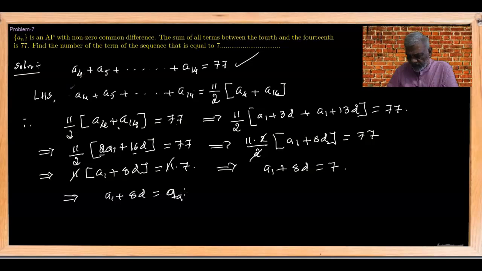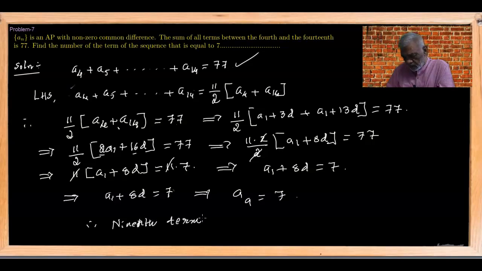The ninth term can be written as A1 plus 8D by the formula A_n is equal to A1 plus n minus 1 into D. And this implies A9 is 7, and hence the ninth term is equal to 7 only. Here is the solution for this problem.